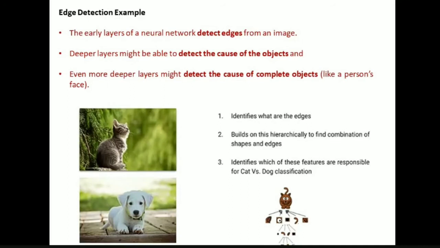In the input layer, first of all, we identify what all the edges are, and in the next layer, based upon these edges, we combine these shapes and edges, and in the next deeper layer, we identify what these features consist of. Whether these features belong to a cat or dog, and thereby in the output layer it classifies whether the input image belongs to a cat or dog. So this is how edge detection takes place.